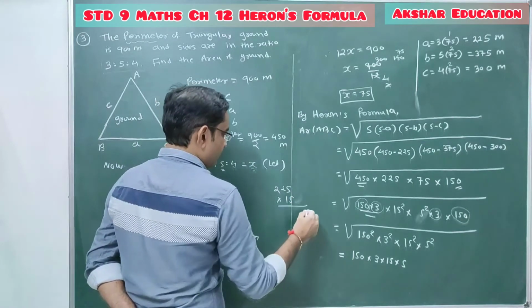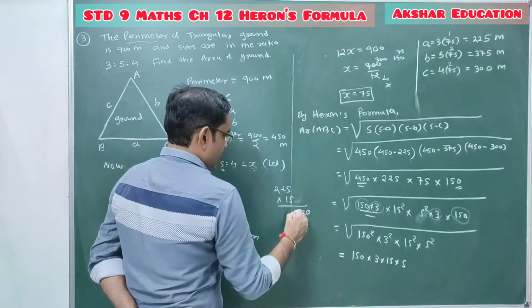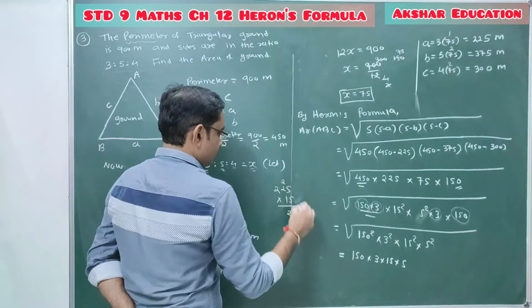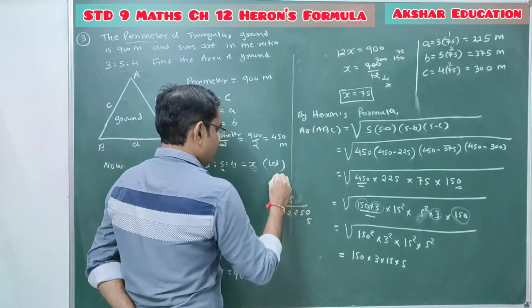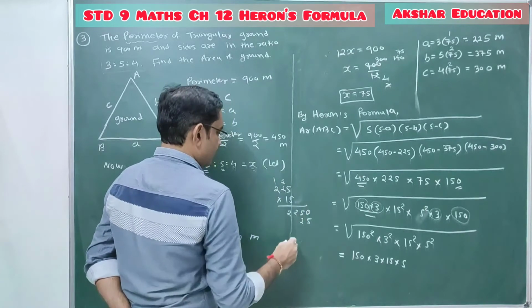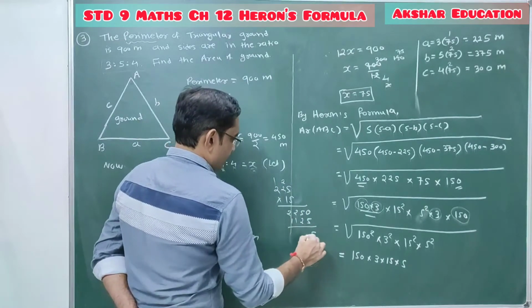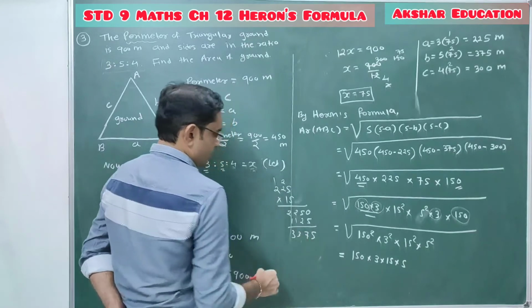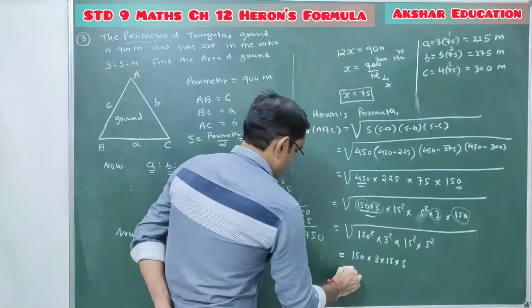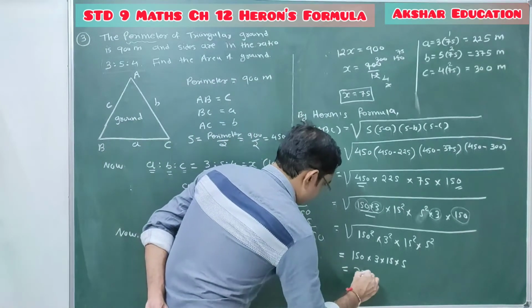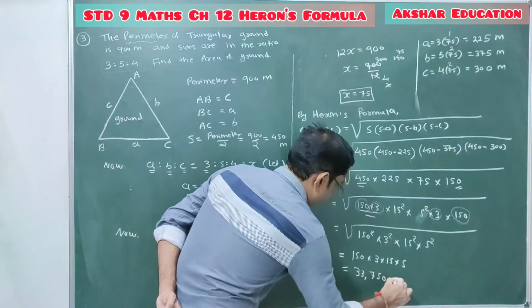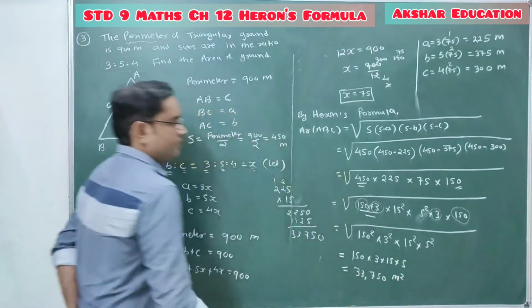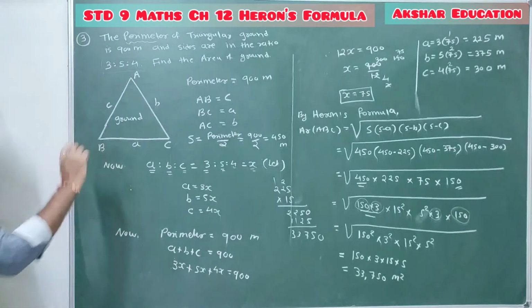Remove this 0, work for a while. 5 2s are 10, and so on. 5 7 3 3 and one more 0. So this is the multiplication, 33,750 meter square. This is the area of this triangular ground.